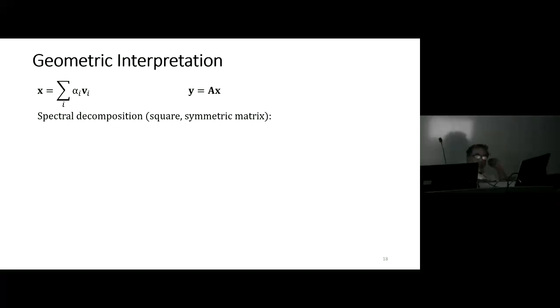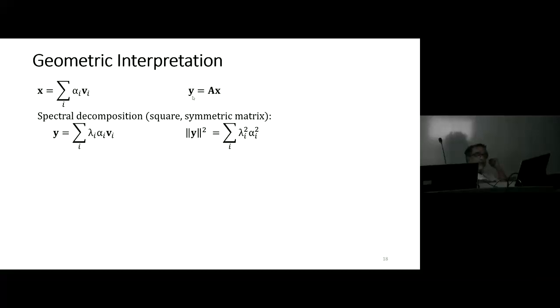the eigenvalues and eigenvectors. So let's say this is X. It can be expressed in terms of the Vi's, the eigenvectors, which are orthogonal. I'm assuming that A is a square symmetric matrix. X can be expressed as a linear combination of the eigenvectors of the matrix A, and let's say Y equals AX.